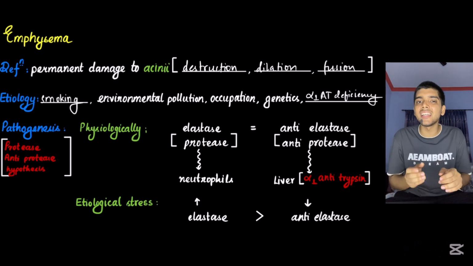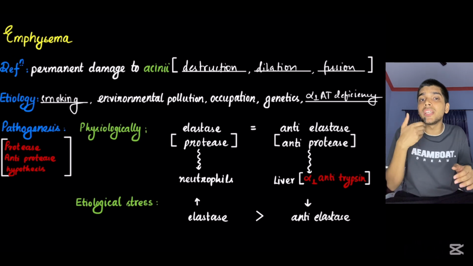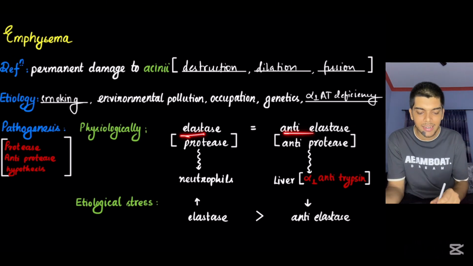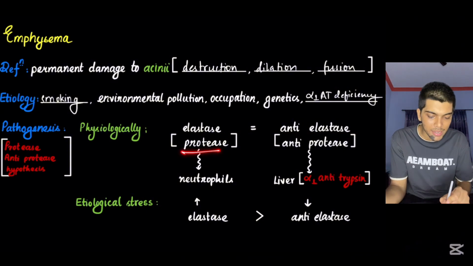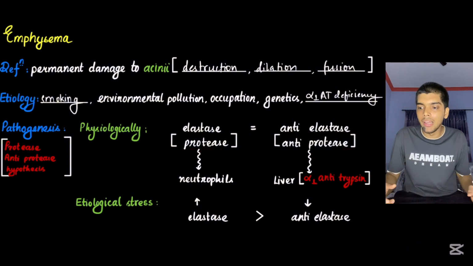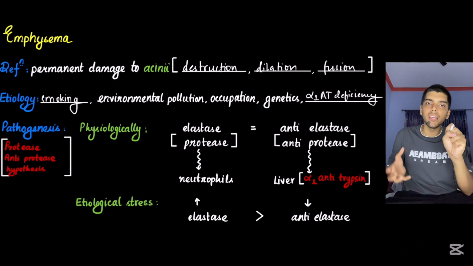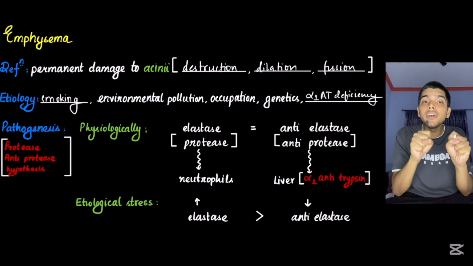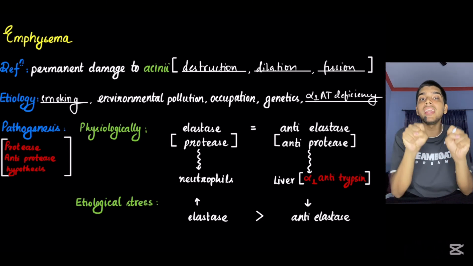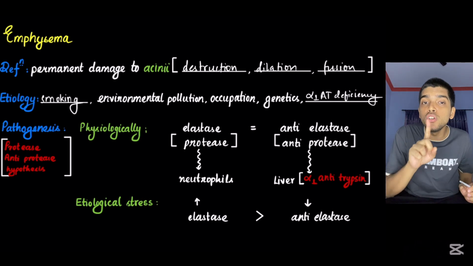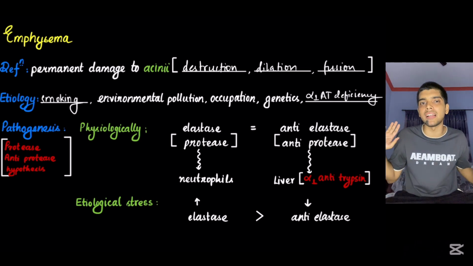Since anti-elastase prevents the breakdown of this protein, it is an anti-protease. Physiologically, the amount of protease and the amount of anti-protease circulating in your blood is the same. That is why there is no excess destruction of elastic fiber.